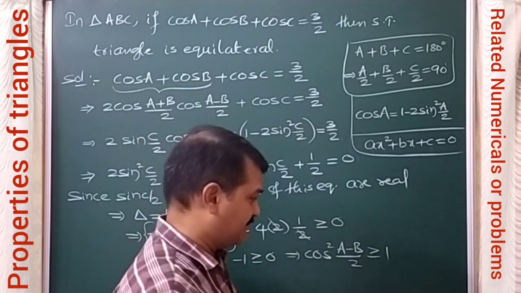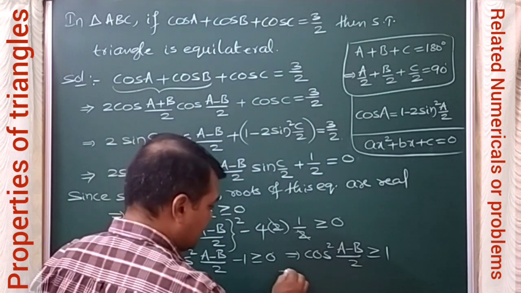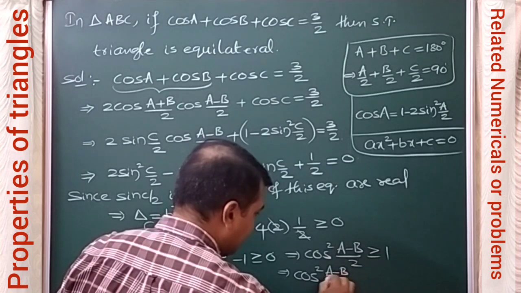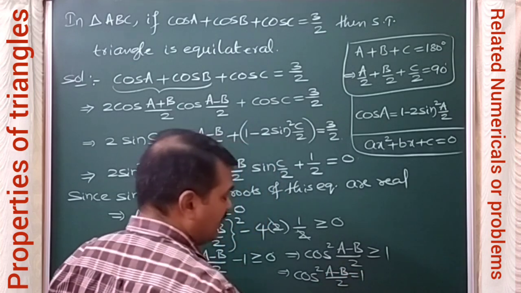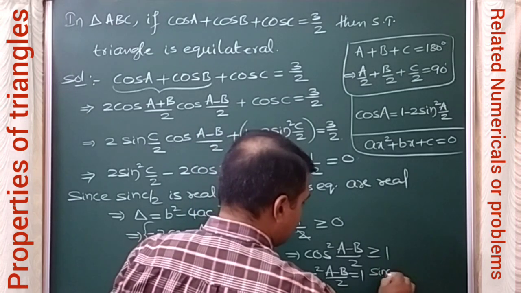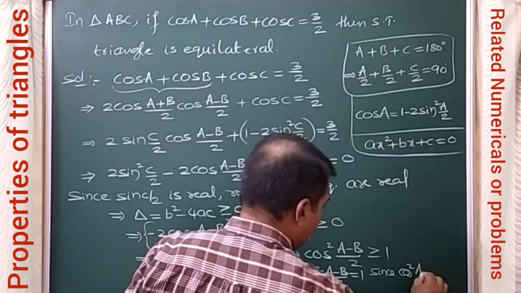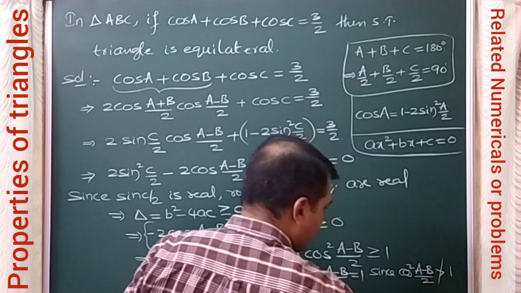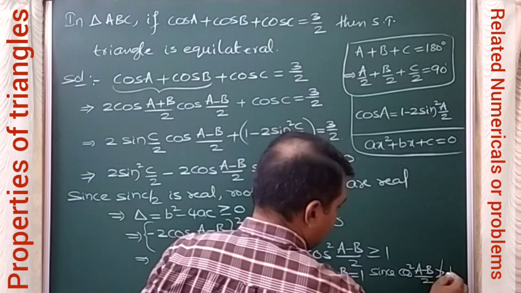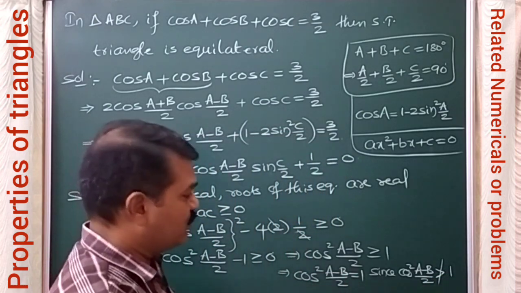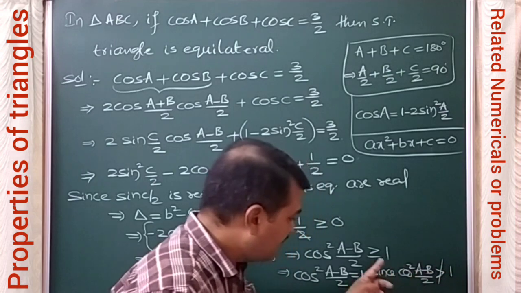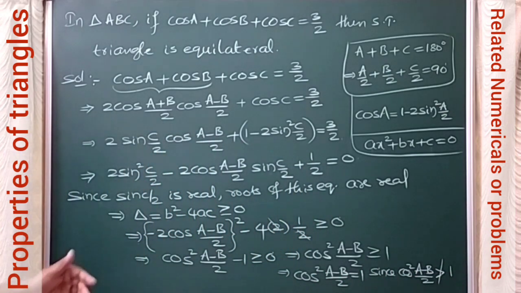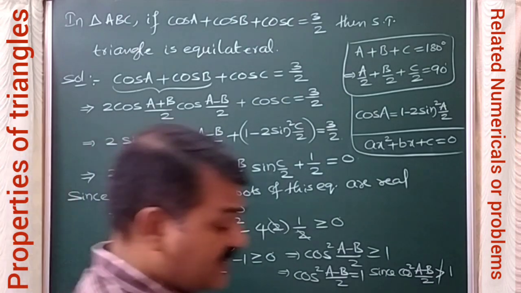So therefore, I can write this as cos square (a minus b)/2 is equal to 1, since greater than 1 is not possible. Right? So let us further simplify this part now.